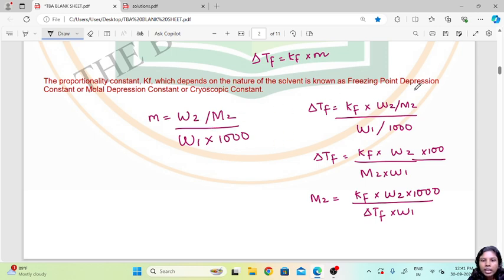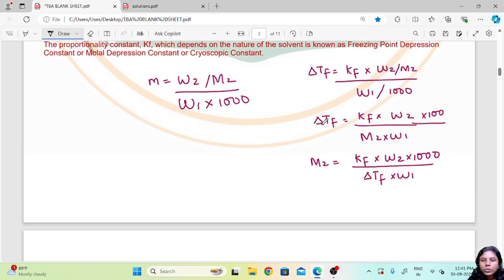So if I substitute in the above equation, instead of m, the molality formula, I get Kf into W2 upon M2 upon W1 into 1000. So delta Tf will be equal to what? Kf into, on rearranging this equation, W2 into 1000 upon M2 into W1.